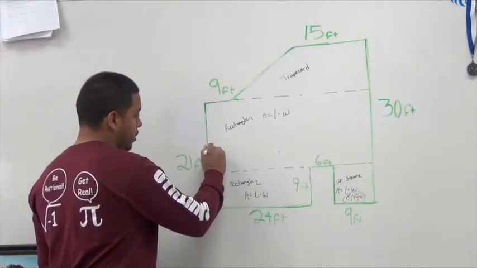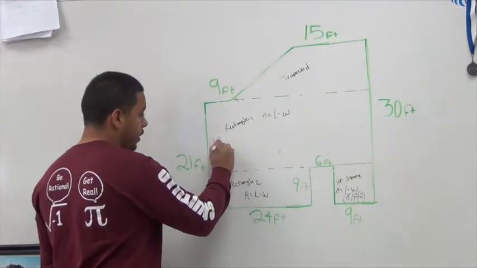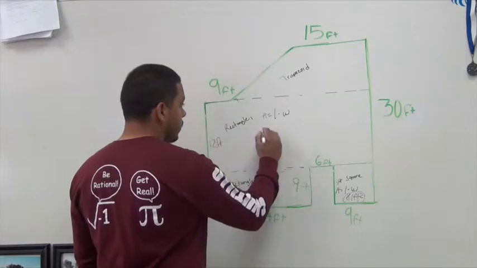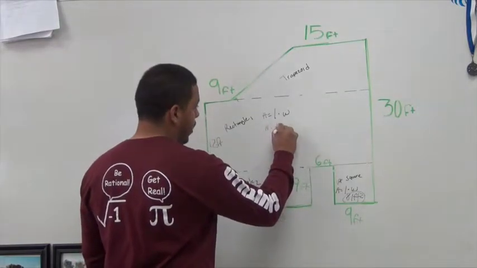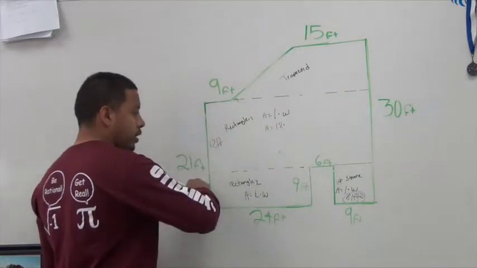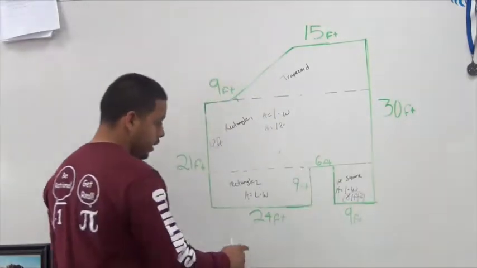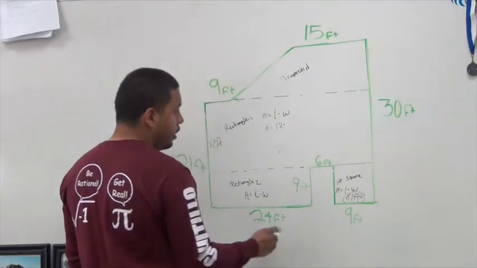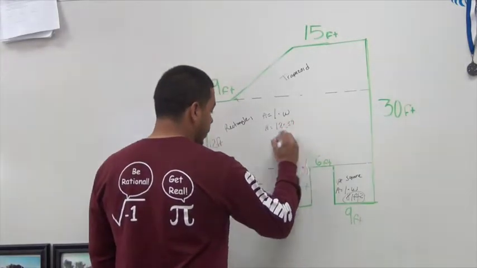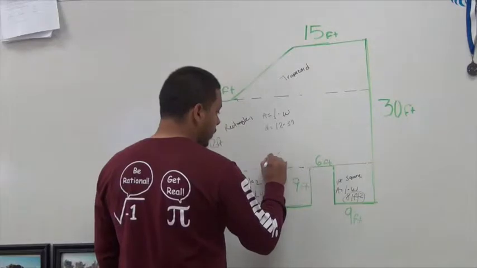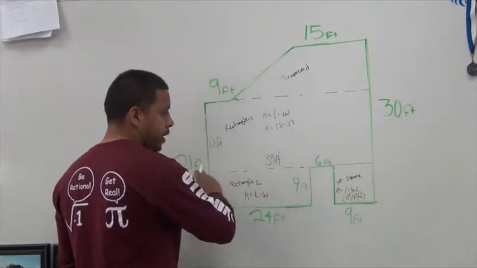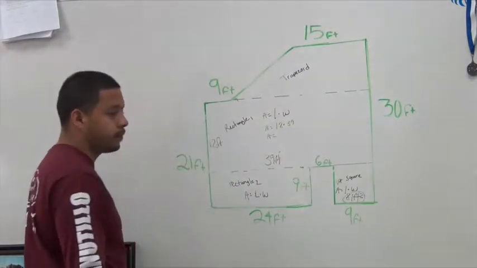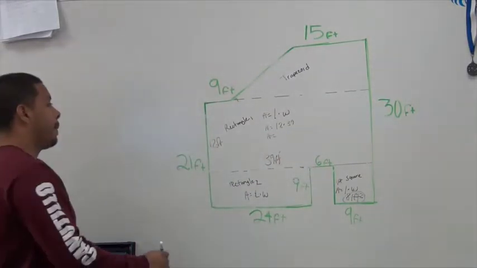So this would be 12 feet. On one of them here, I put 12 times, what distance does it go from here to here? 39. It goes 24 plus 6 plus 9, that is 39. So from here all the way to here is 39 feet. So 12 times 39 gives me what?